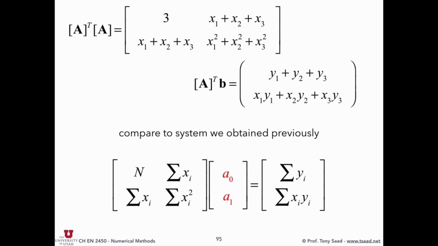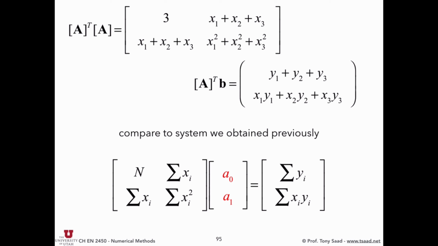In the second equation, the coefficient of a0 is 1, and the coefficient of a1 is x2. And then 1 and x3, dot, dot, dot, 1, xn. On the right-hand side, we have y1, y2, y3, dot, dot, dot, yn. This is unsolvable because this is n by 2. It's not a square matrix.